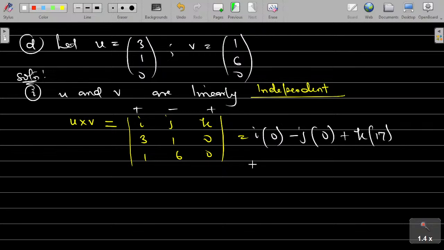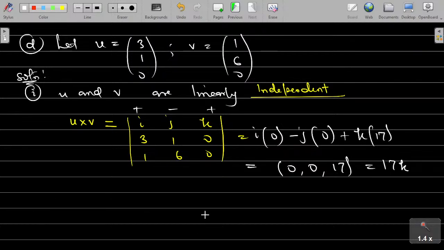So your U cross V is 0, 0, 17, or you can just write it as 17K. So this is what you fill in that space that they provided for you. Because I assumed you did this somewhere. All right, so now that we've gotten the normal, then we can use it to get the equation for the plane using one of the vectors.